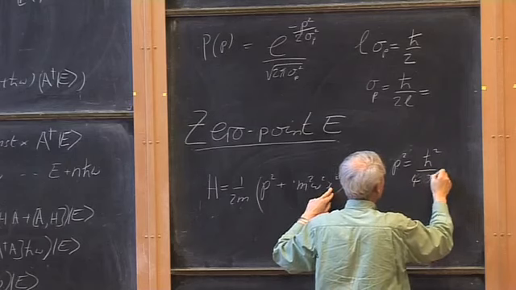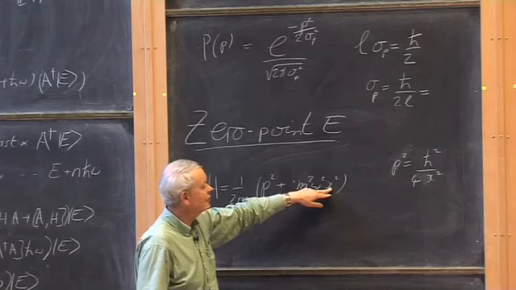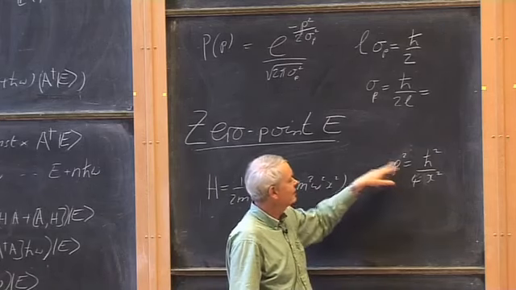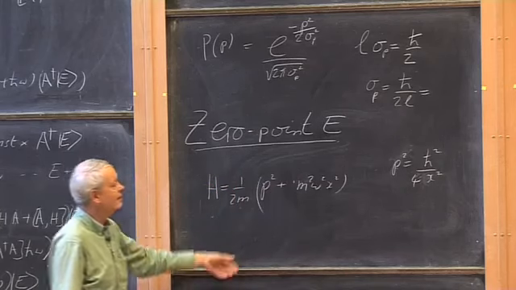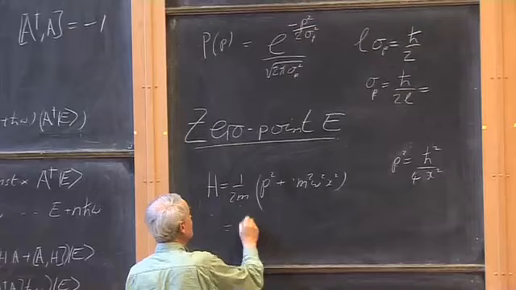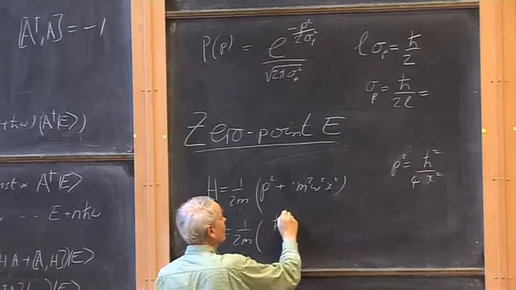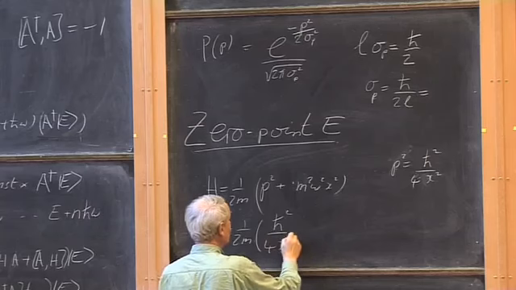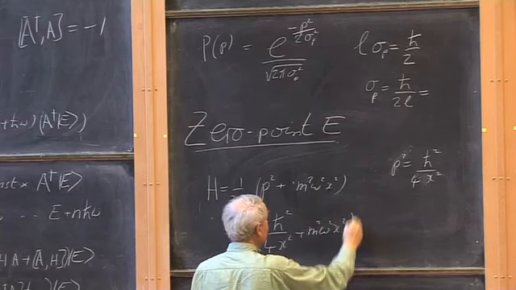So for the ground state, x squared is essentially the uncertainty in x, so it's associated with the uncertainty in momentum in the same way. If you put this relationship in, you find that H is 1 over 2m times h bar squared over 4x squared plus m squared omega squared x squared.